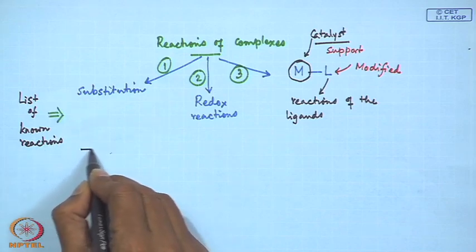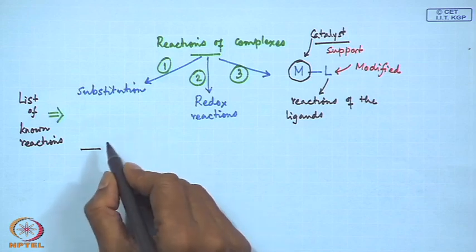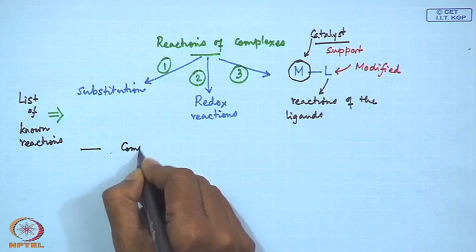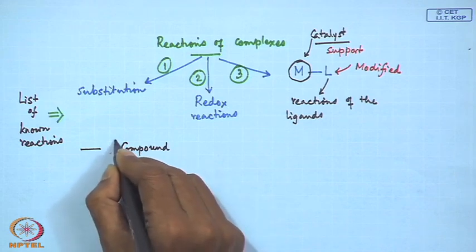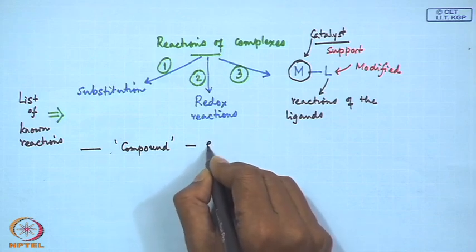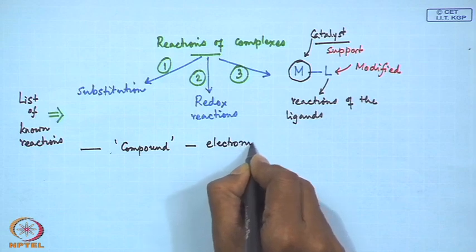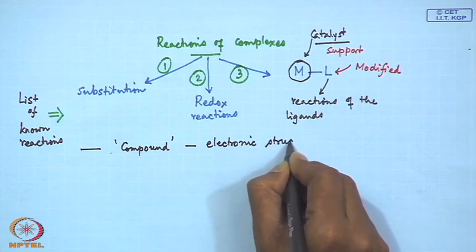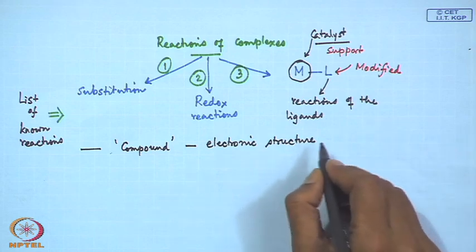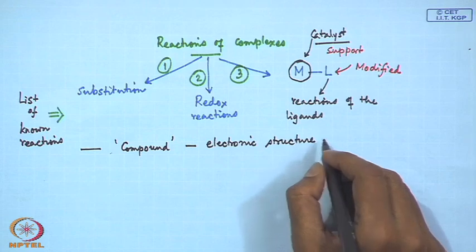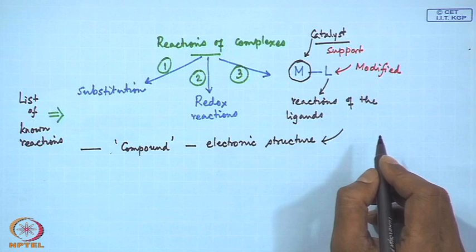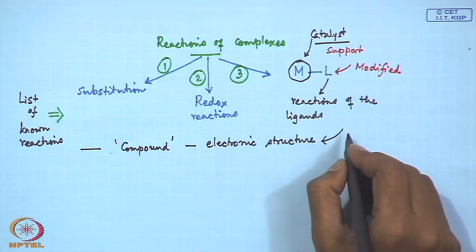And then what we want to understand is the electronic structure of the compounds and their interactions. So, if we have the complex or the compound and we want to understand the electronic structure of that particular compound, and when we know the corresponding electronic structure, then only can we have some information related to their interaction.